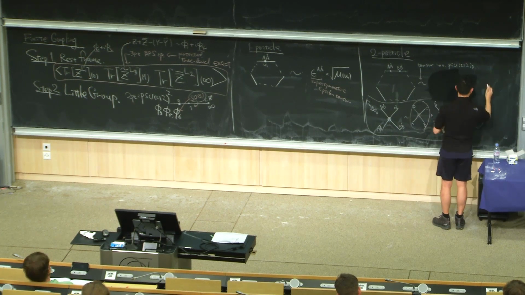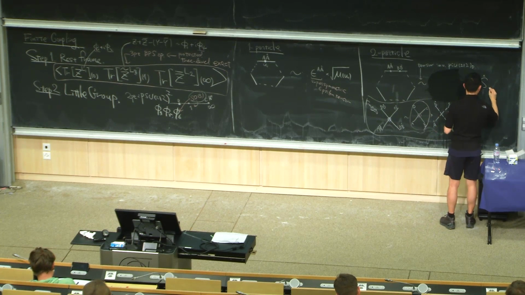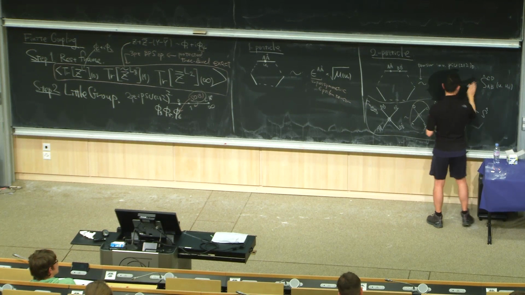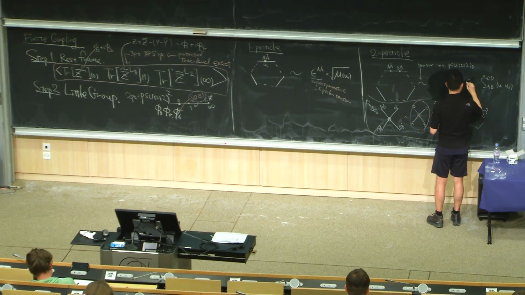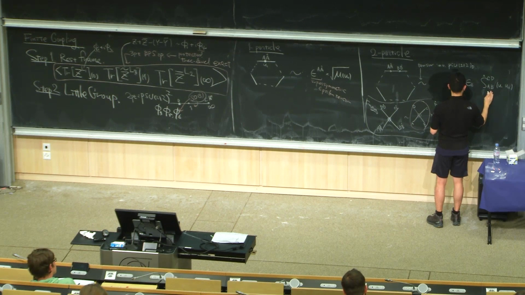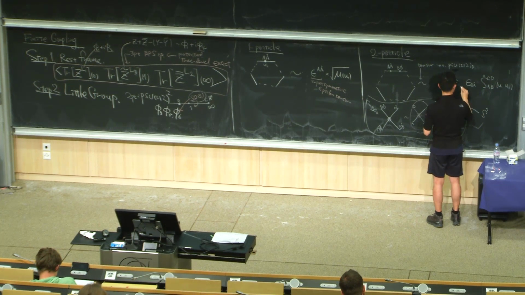So you have S hat, A, B, u1, u2, C, D, and then you contract this with epsilon tensors, epsilon C A dot, epsilon D B dot.